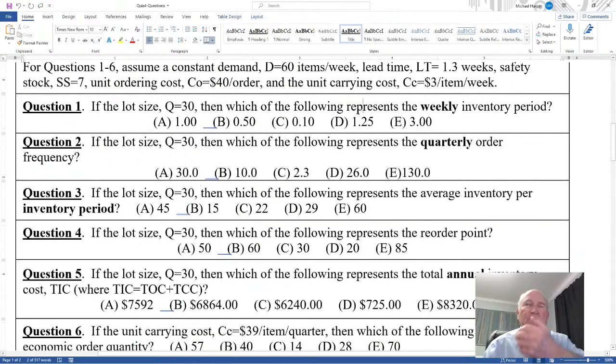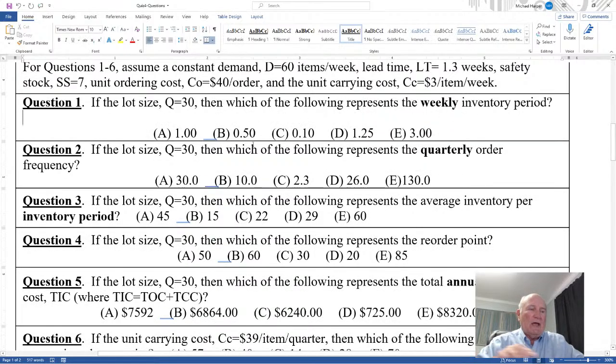Okay, so let's go through and how to set these things up. Okay, first of all, we have Q equals dt. Okay, and that is also equal to d over f. So let's just start with that, and let me just highlight that, bold that, because that's going to be our relationship on each one of these that we will be using. Okay, to set this up, if Q is 30, what's the inventory period? And note this is weekly.